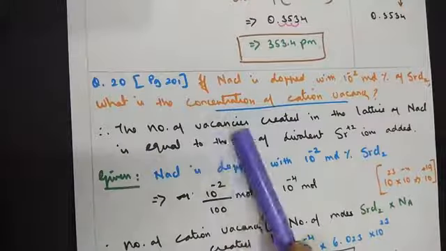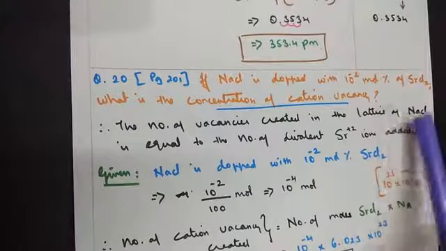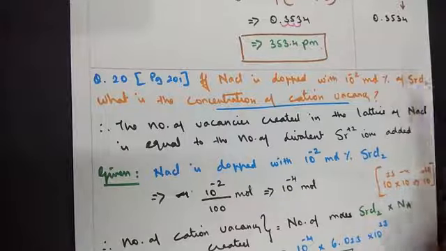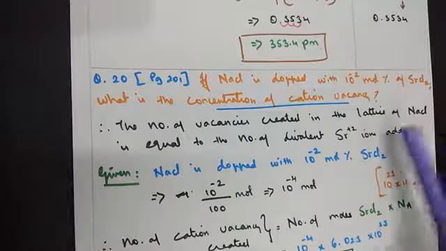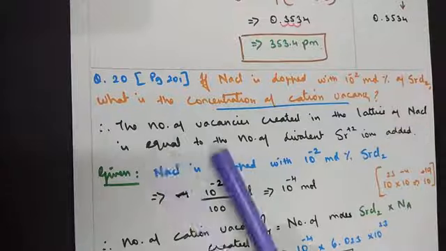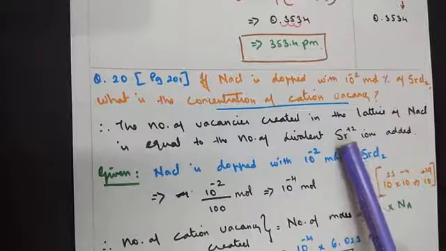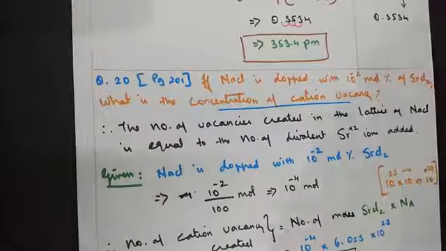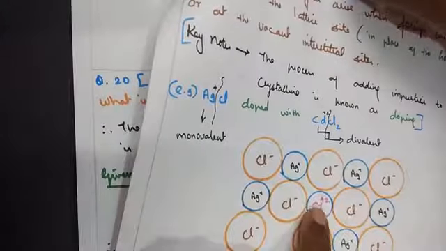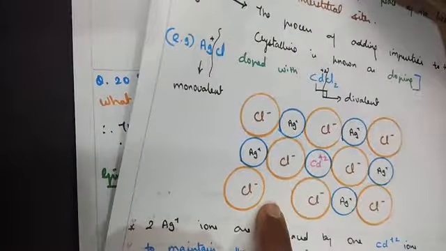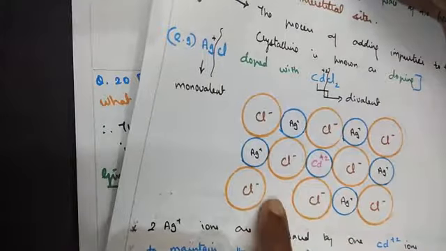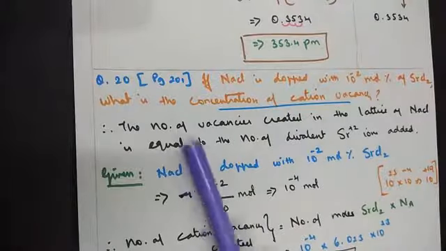Therefore, the number of vacancies created in the lattice of sodium chloride, here again sodium is univalent and strontium is divalent, is equal to the number of divalent Sr2+ ions added. That's what I showed you in the picture. One Cd2+ coming in creates vacancies, actually two vacancies are created. Out of it, one will be occupied by the Cd2+ and one will be left as it is. So that's the same point we have written.